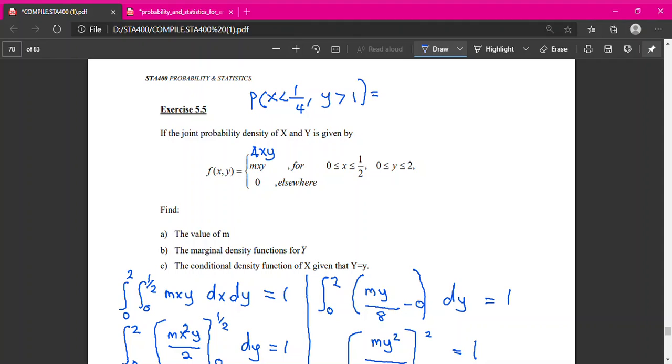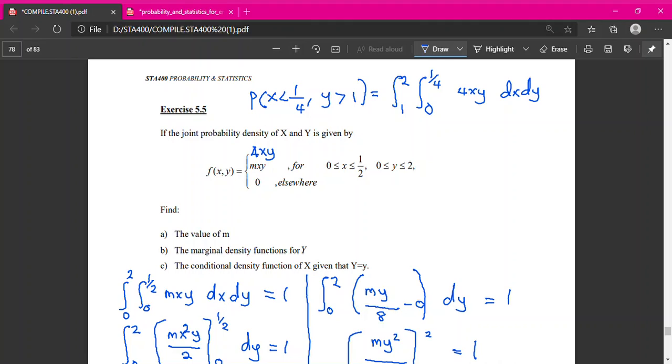So what to do is do the double integration of 4xy with respect to dx and dy. So x will be 0 until 1 over 4. Dan y 1 until 2, sebab y more than 1, so 1 above dan limitnya adalah 2. Tadi x less than 1 over 4 maksudnya 1 over 4 and below, and below limit dia 0.